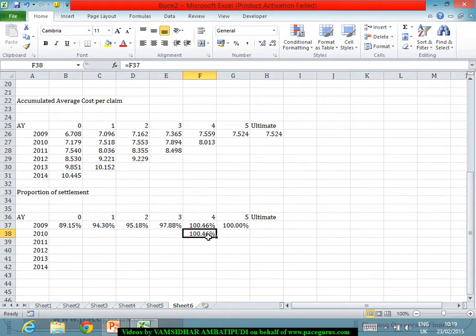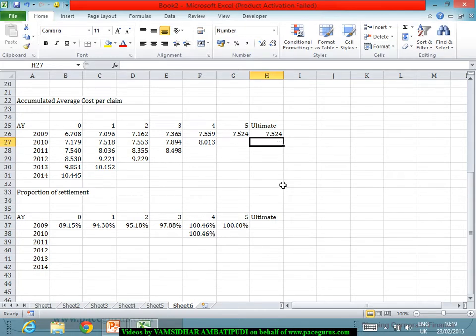Now if I set this number to be 100.46 here, this value 8.013 corresponds to this 100.46. So what is this absolute number?